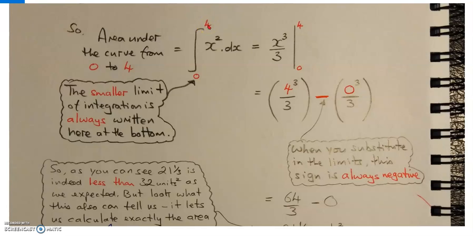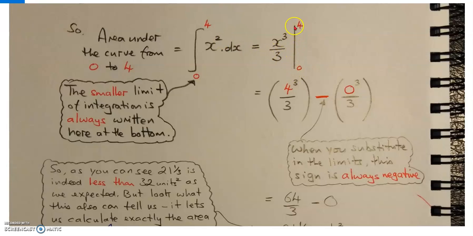So you're integrating the function x squared, and of course if you do that you will create the function x cubed over 3. You increase the power by 1 and divide by the new power.